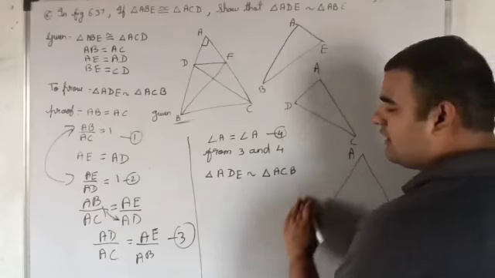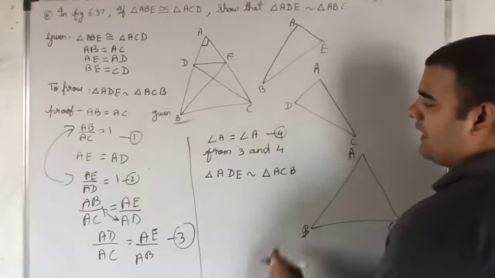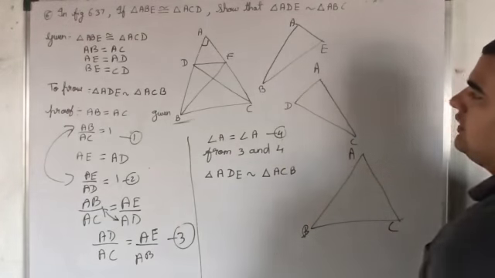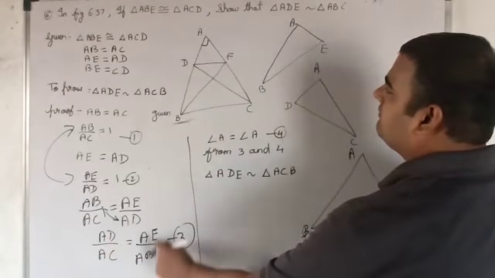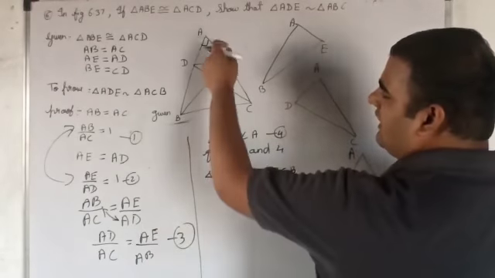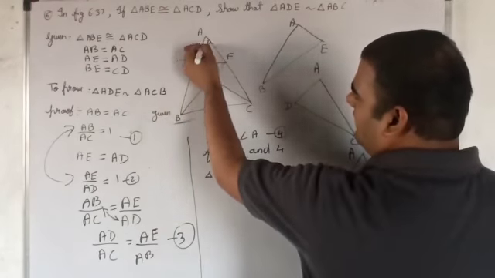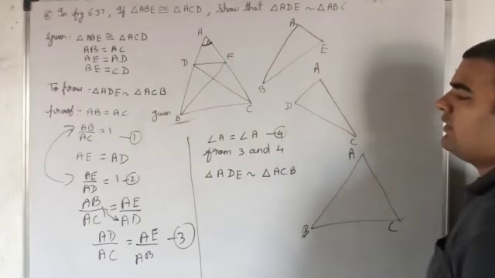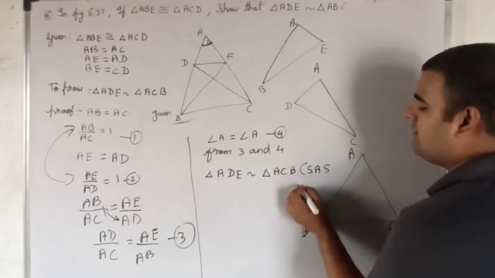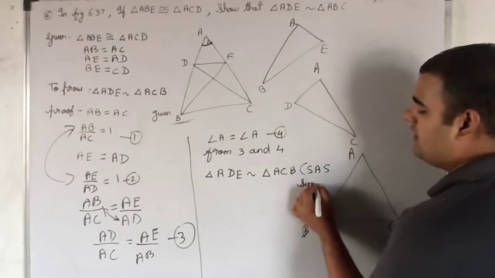By which criterion? Two sides are in proportion, AD upon AC and AE upon AB, and the angle included between them, angle A, is equal. So they are similar by the SAS similarity criterion.